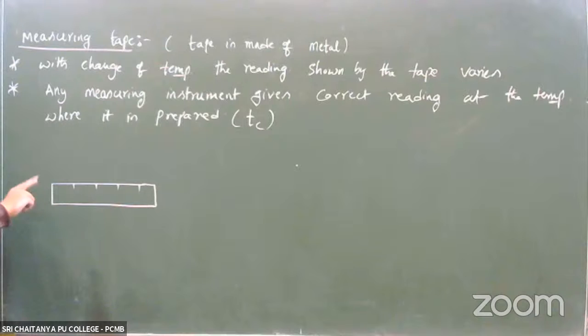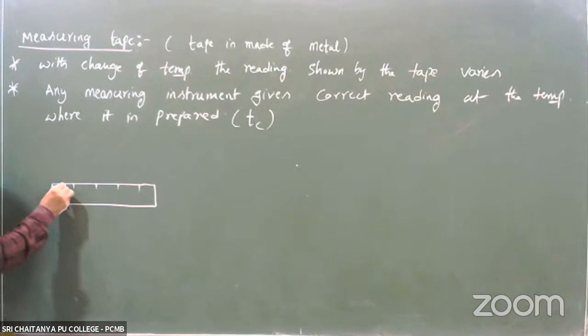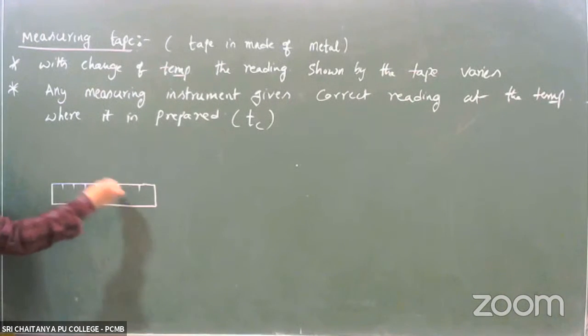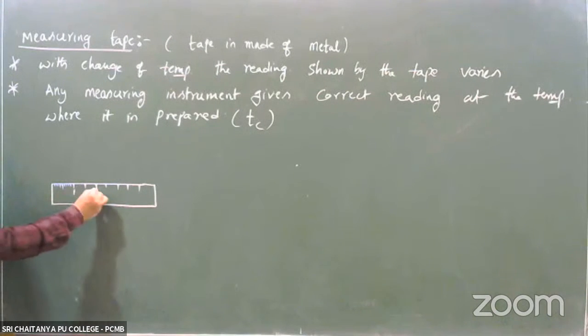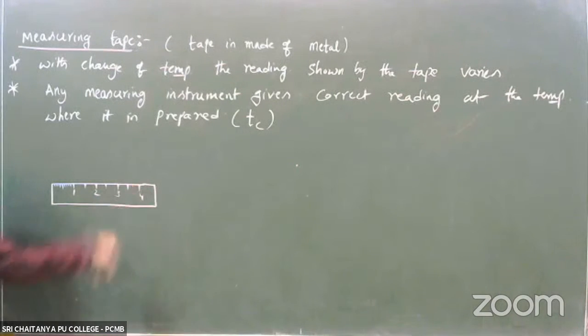Calibration means assigning the readings on the tape at some particular temperature called the calibrated temperature. 1, 2, 3, 4, 5, 6, 7, 8, 9, 10, like so. This is a tape, with the values 1, 2, 3, 4, like this. This is prepared at the temperature TC, the calibrated temperature.